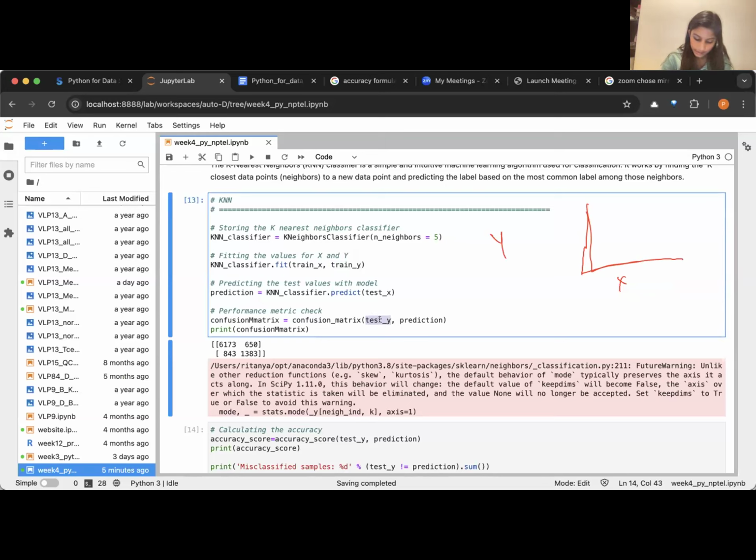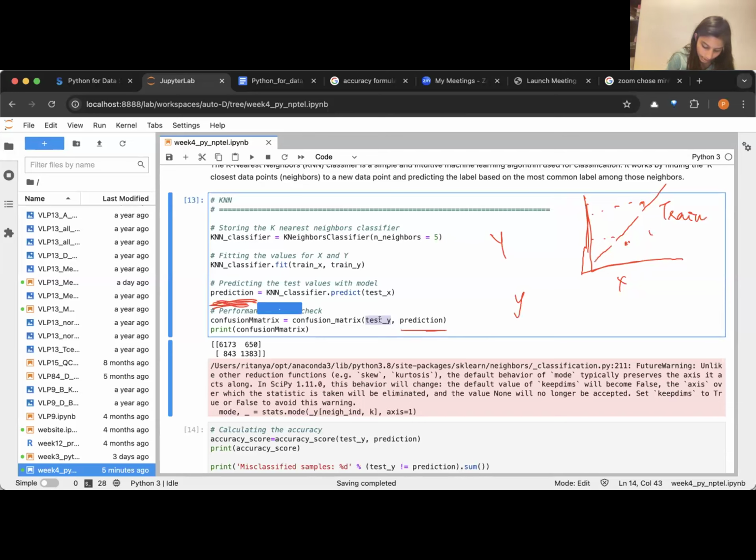So the training data is used to fit this model. And your test X, some random points around, is used to predict. So your test X was used to predict some Y value, right? That Y value we store into prediction, whatever is predicted.